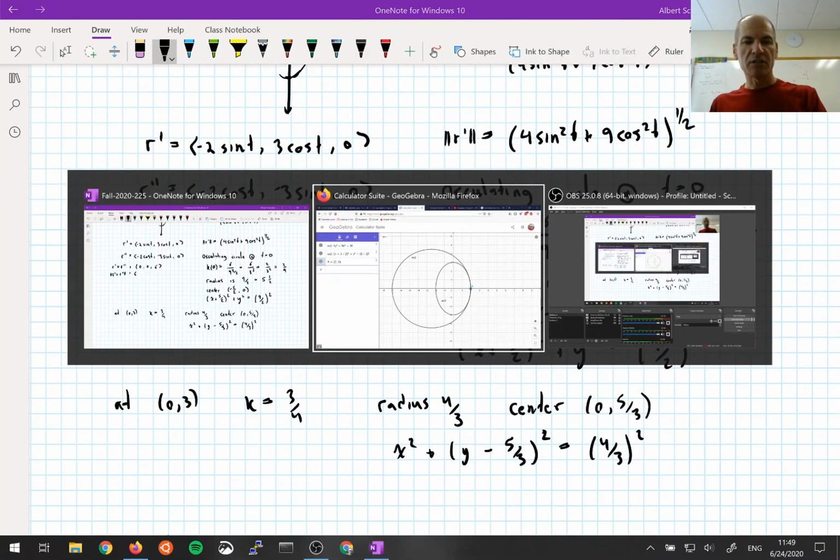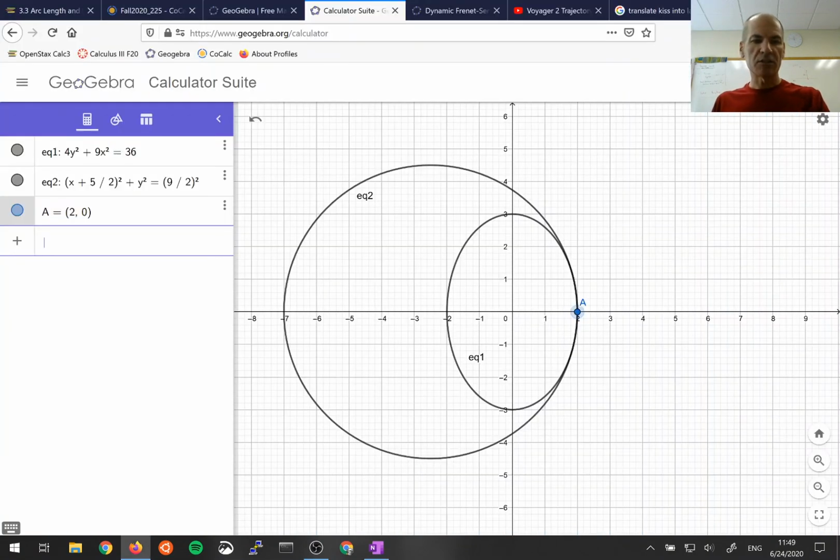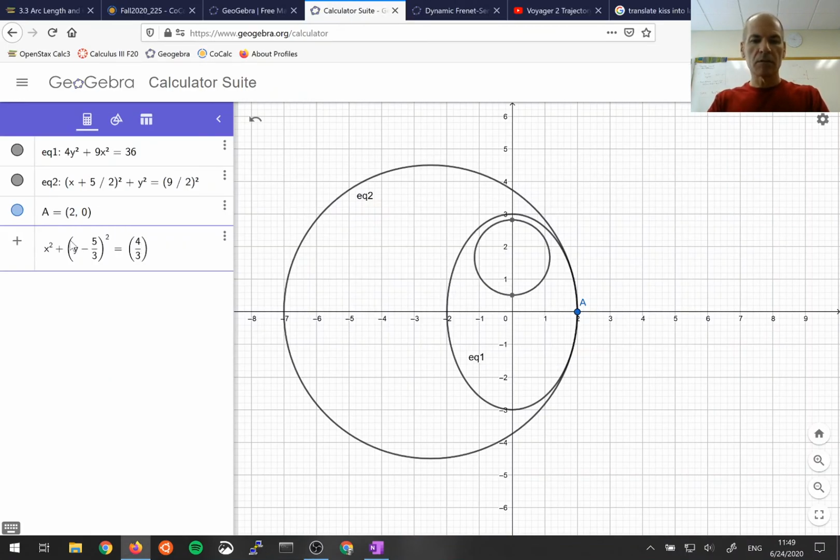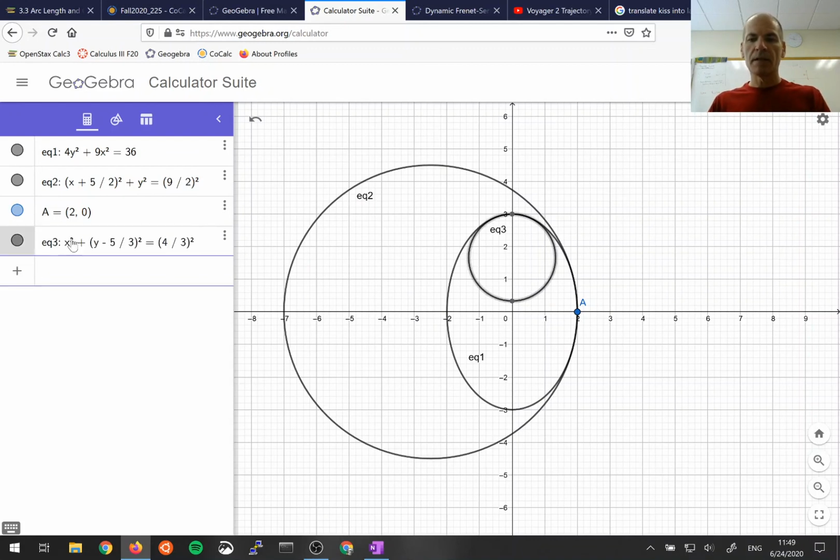If we drop that equation on the GeoGebra sketch, x squared plus quantity y minus 5/3 squared equals 4/3 quantity squared, we see the osculating circle up here at the point 0, 3. Okay, and we do again see that the osculating circle does a nice job of approximating the curve at that point.